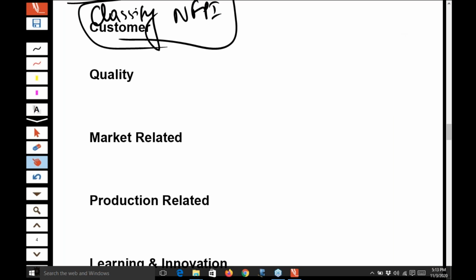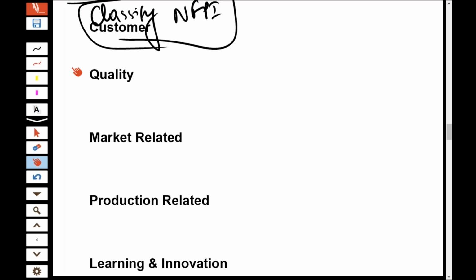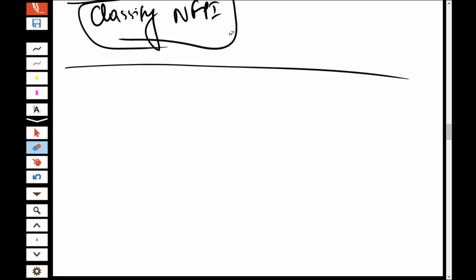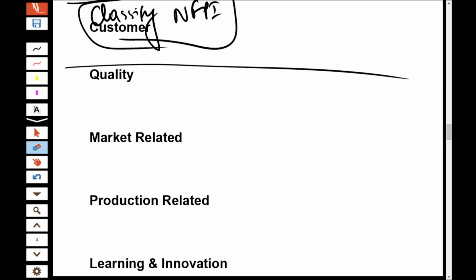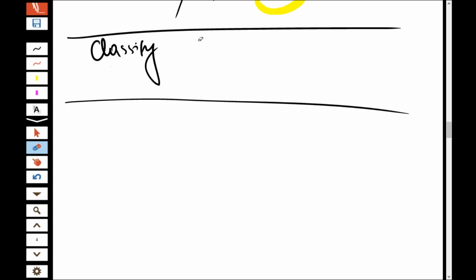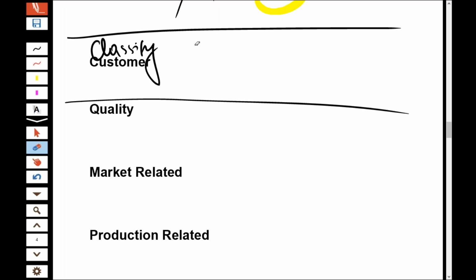Now, if we talk about the classification of the non-financial performance indicators, you people have now classified them into the various categories, and we have discussed that now.